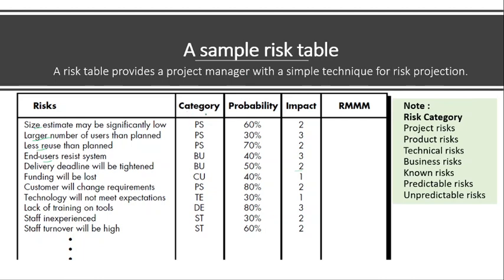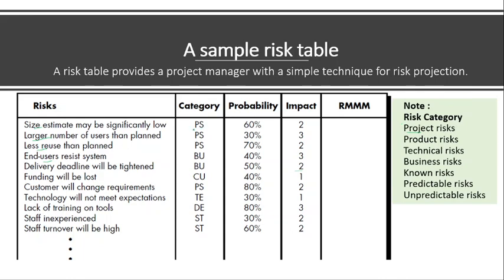Then the category. We have different categories that we discussed in the last class, not in this class. I bring them here for your ready reference: project risk, product risk, technical risk, business risk, and many different types of risk we have learned.